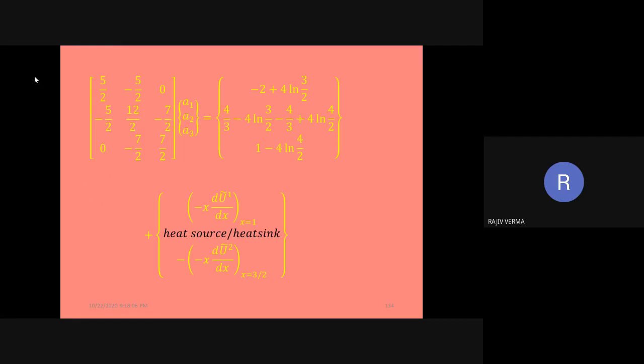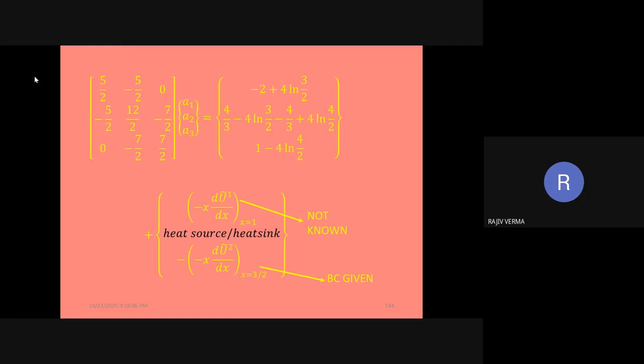So the value of the heat source or heat sink is going to be substituted in the right hand side of the second equation. But if there is no heat source or heat sink present, we simply are going to substitute zero. Also notice that on the right hand side we have two terms of heat fluxes. One has been evaluated at x is equal to 1 and the other has been evaluated at x is equal to, it should have been x is equal to 2 and not x is equal to 3 by 2 as is depicted over here.